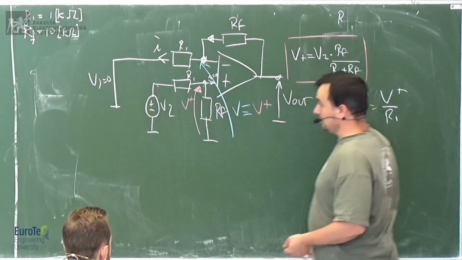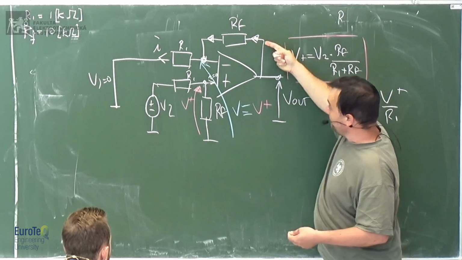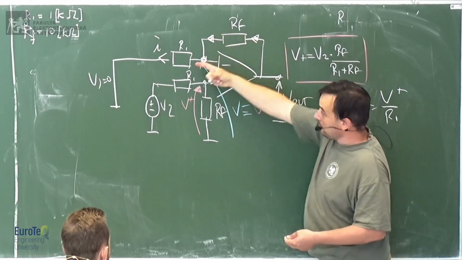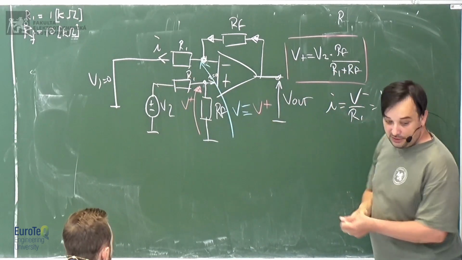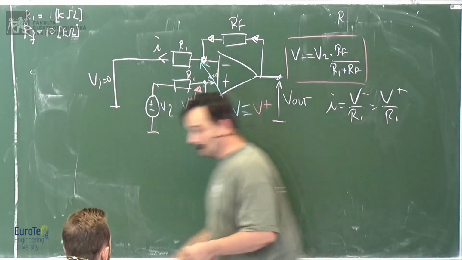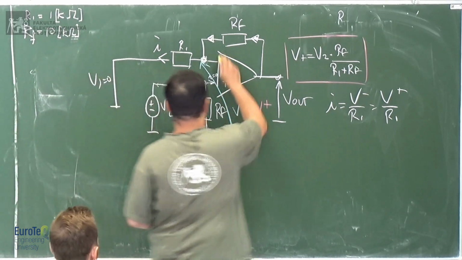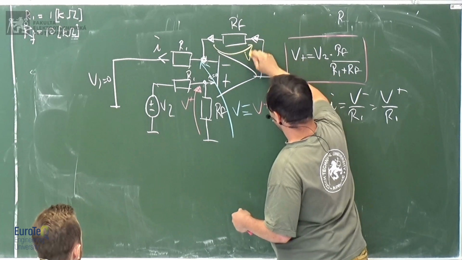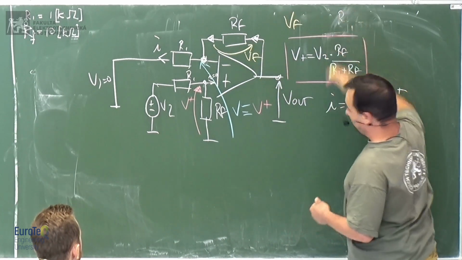So the current through RF is equal to I. Now we have a current which flows through RF and goes to R1, which causes a voltage drop. Let's use yellow. VF, and VF is what?